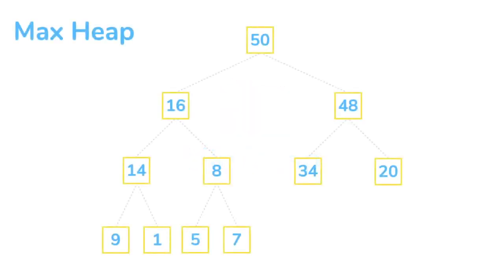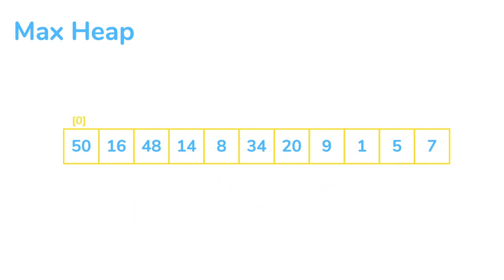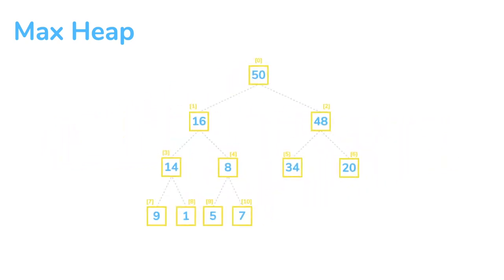Like we saw in the diagram so far, heaps can be visualized as a tree, but actually behind the scenes, the keys are stored as an array, where each node of the tree corresponds to an index of that array. So strictly speaking, heaps are actually just an array that operates like a tree.